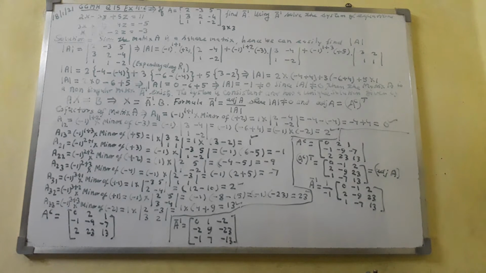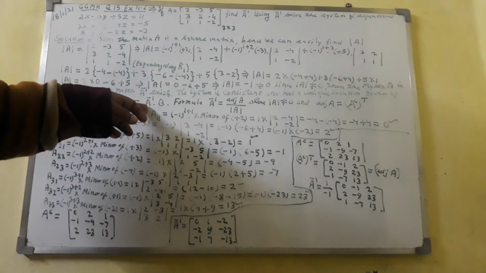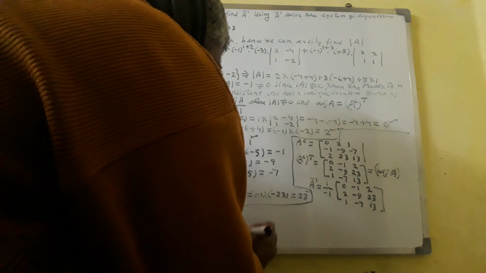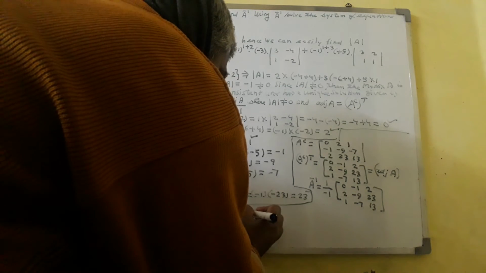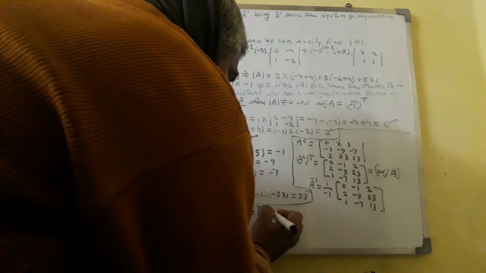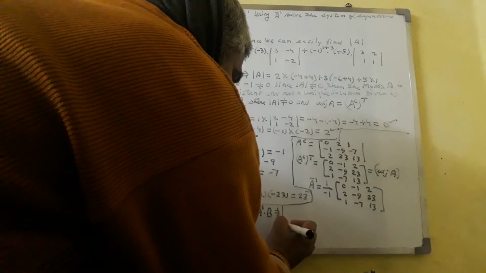Next I shall use the formula. What formula am I going to use here? This formula: X is equal to A inverse dot B. So here I shall write X is equal to A inverse dot B. Now write the values.